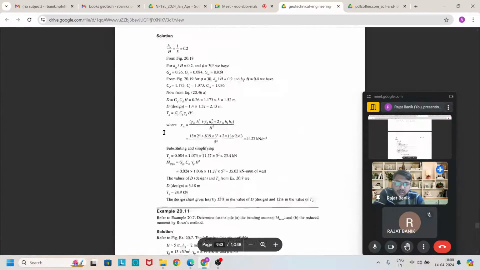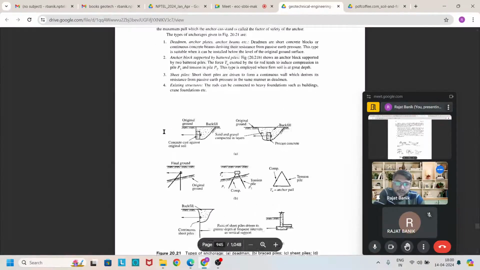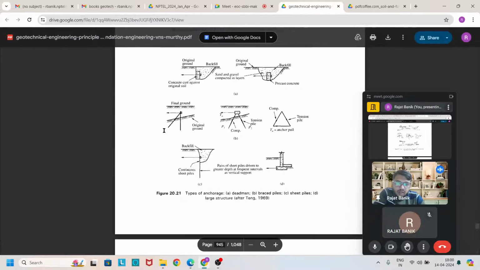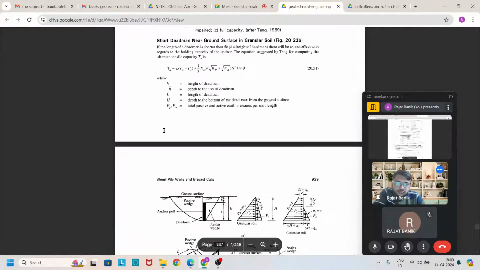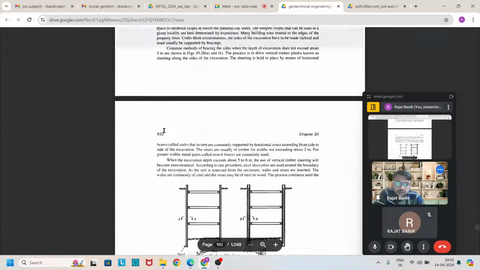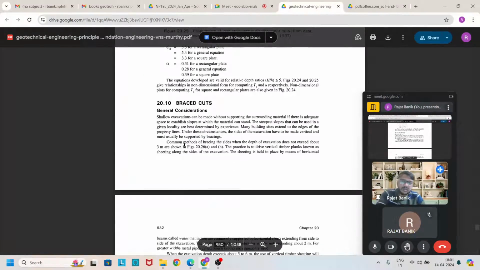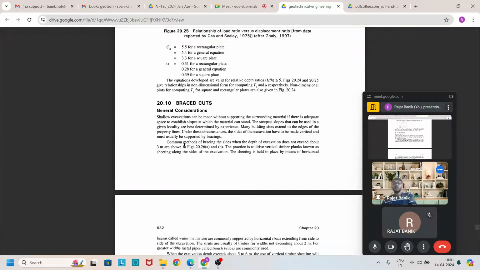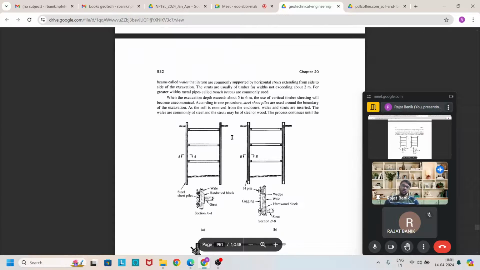Now we discuss a little bit about the struts, brace cuts or struts, which are used in deep excavation, which help to support the earth and surrounding soil in the excavation.